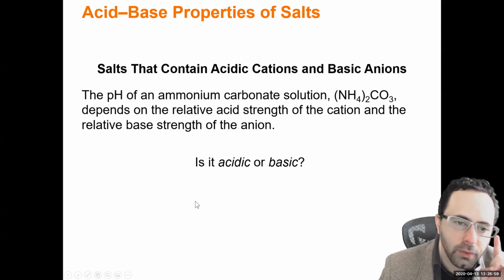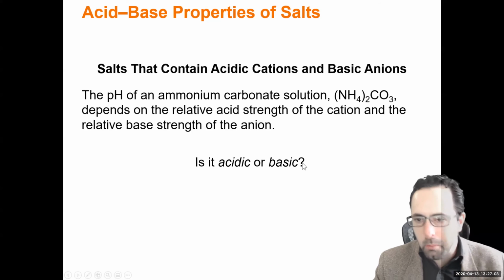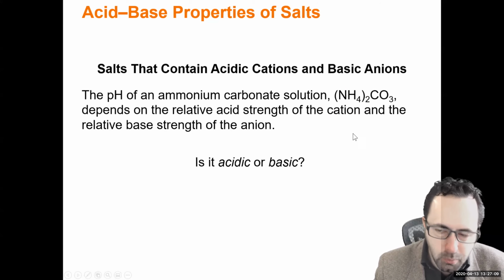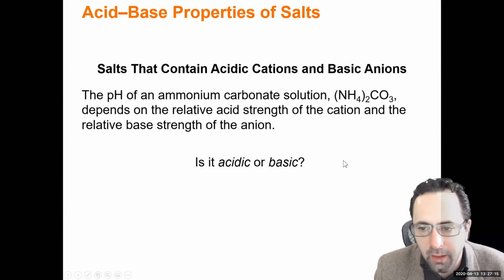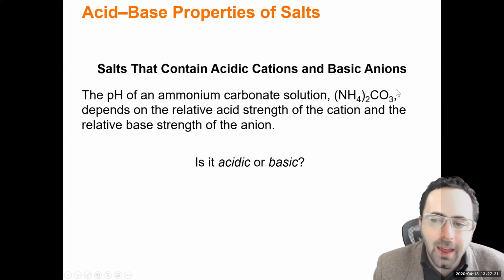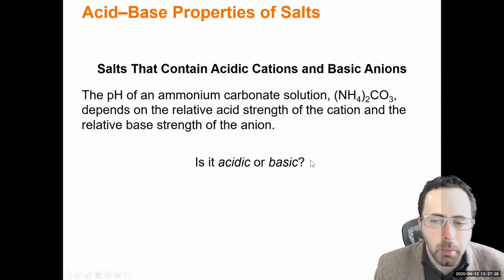Now, what if you've got a salt that contains both? So ammonium ion is the conjugate acid of the weak base ammonia. And carbonate ion is the conjugate base of the very weak acid, bicarbonate ion. So if we have both an acidic cation and a basic anion, how will we know if the solution is acidic or basic?